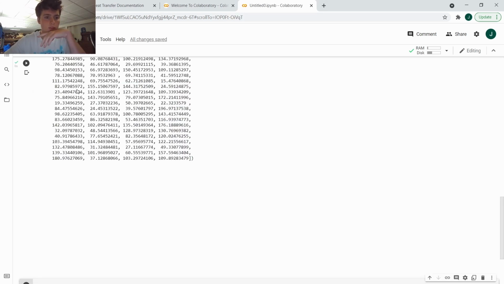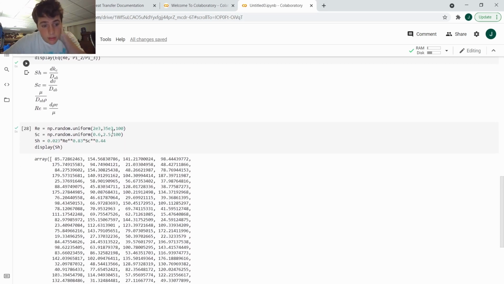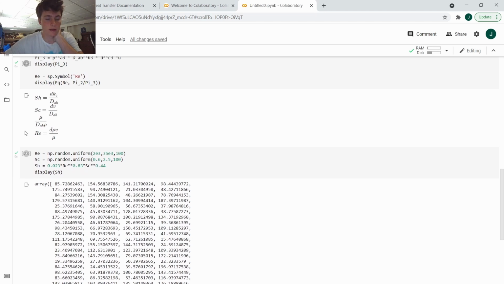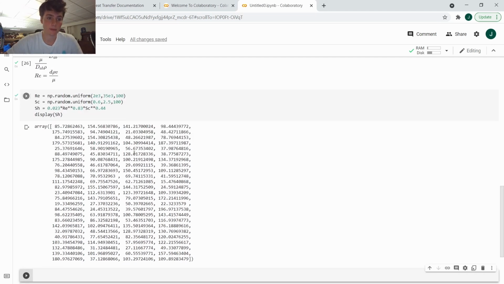And we can see what the Sherwood numbers look like. For the list of Reynolds and Schmidt numbers that we had before, which is 100, so we ran this experiment 100 times, these would be the Sherwood numbers. If you think about the experimental data that Sherwood and Gilliland came up with, it's not going to be exactly these values, because these are the values that perfectly fit their relationship, the model that they came up with.